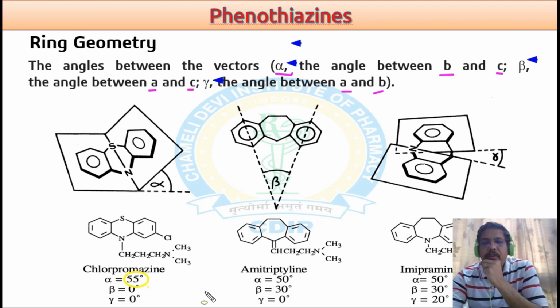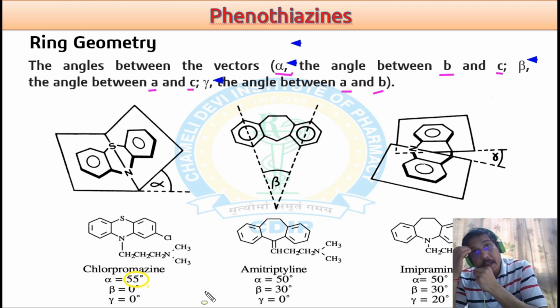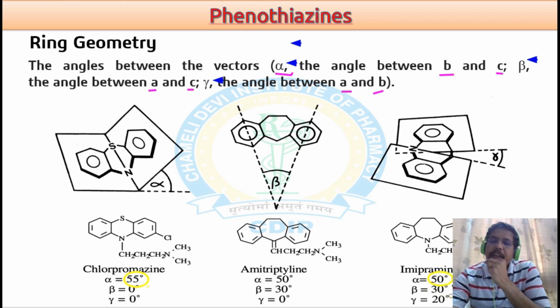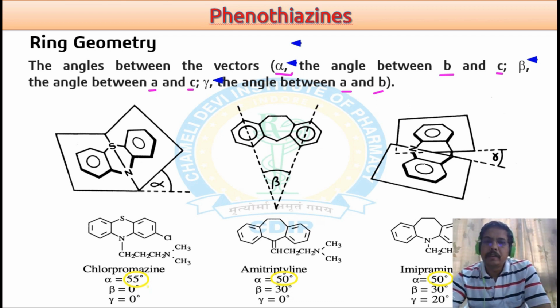And if you go for the azepines, that is dibenzoazepines, the angle is 50 degrees, and similarly for the tricyclic system in which one ring is 7 membered, it has an angle of 50 degrees. It is dibenzoheptane.